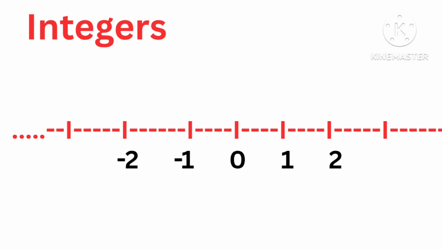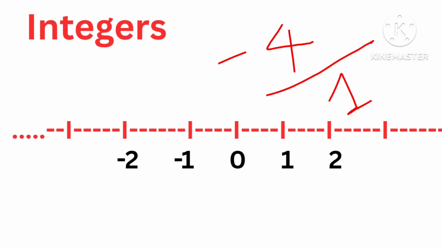For example, if you consider integers, in integers all positive numbers, positive natural numbers and all negative numbers including 0 are there. If you consider any integer, for example -4, -4 is an integer. -4 can be converted in the form of P by Q or not?